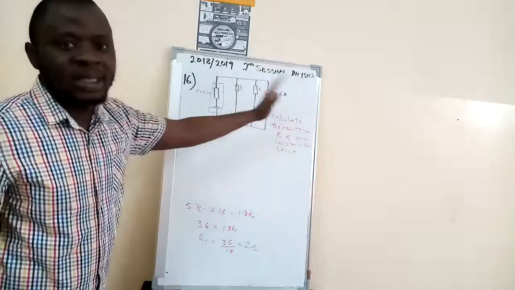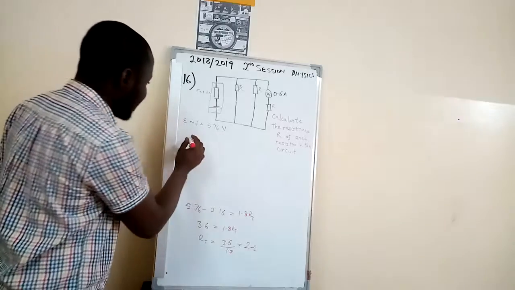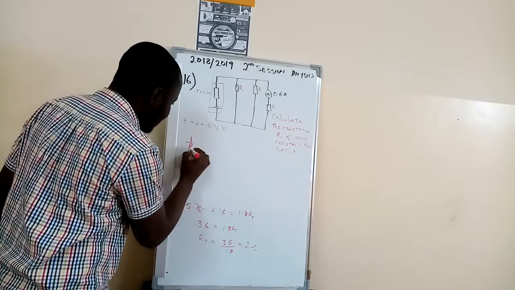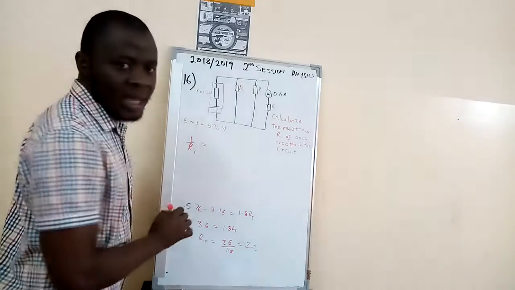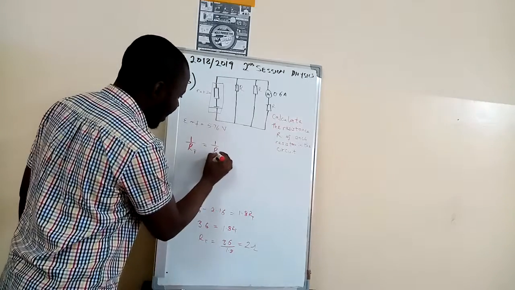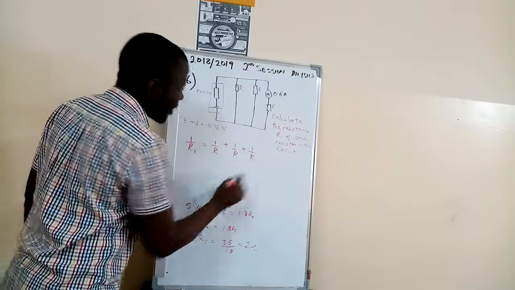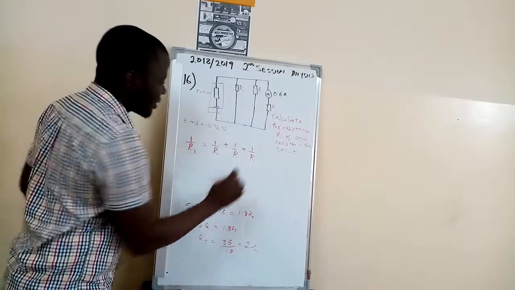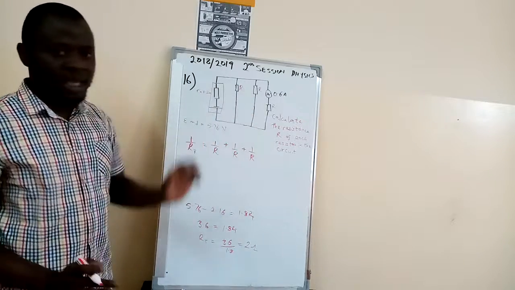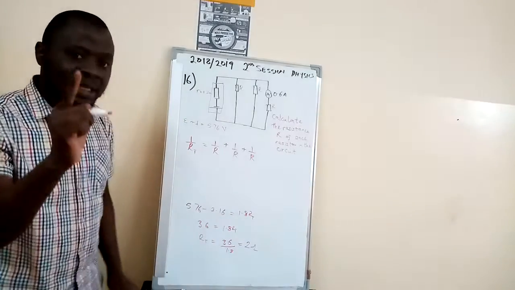You know all these 3 are in parallel. It means that 1 divided by total resistance is the same thing as 1 divided by R plus 1 divided by R plus 1 divided by R. I told you that all these are the same. That's why I add them like this in parallel.